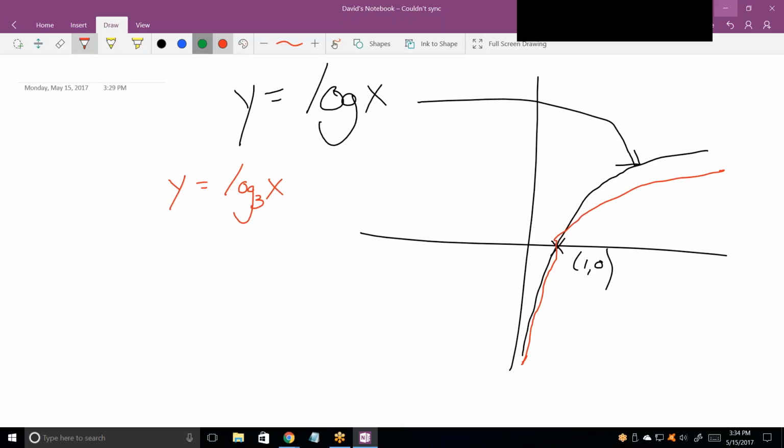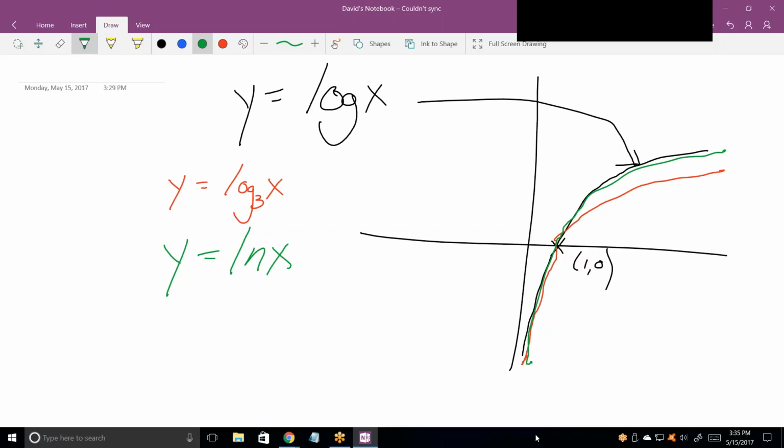And even the natural log, y equals natural log of x, is still going to go through that same point. And again, I don't know if it's above the black or the red, and I don't really care at the moment. So that's how we graph the parent log functions.